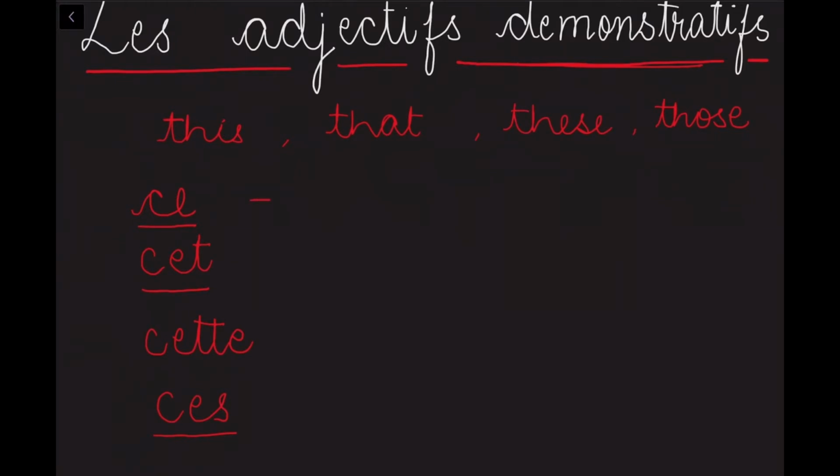This ce is used for the nouns that are masculine, okay, and that are singular. So masculine singular nouns, we will use ce. Cet again is used for masculine singular.